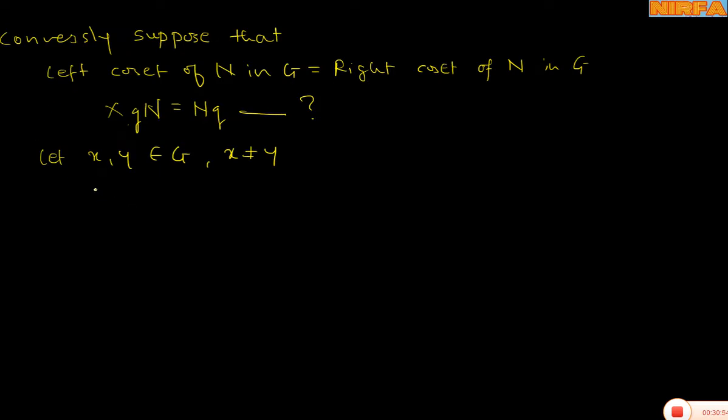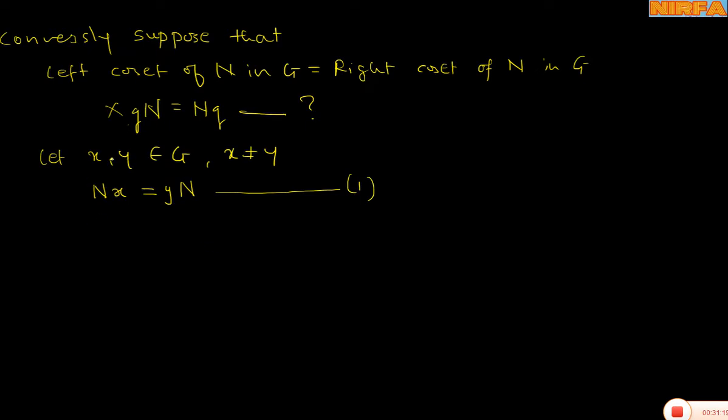So suppose that using x I am constructing the right coset, so this is N x. Using y I am constructing the left coset, this is y N, and according to this condition I am supposing these are equal. Let me call this expression equation number 1.